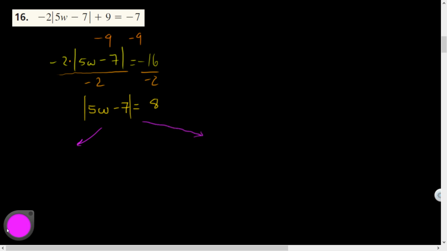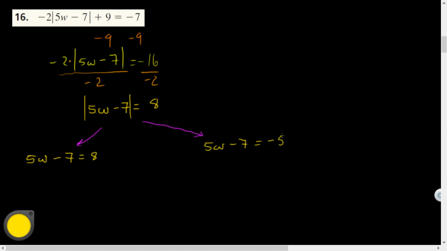Either the inside of the absolute value is equal to +8, and the absolute value did nothing, or the inside of the absolute value is equal to -8, and then the absolute value made it into the +8. Those are the two cases.